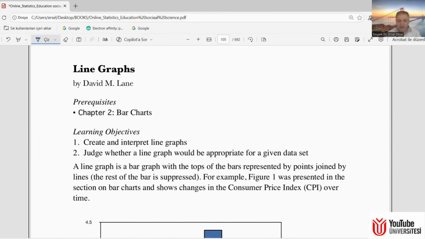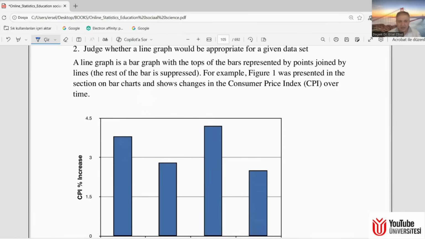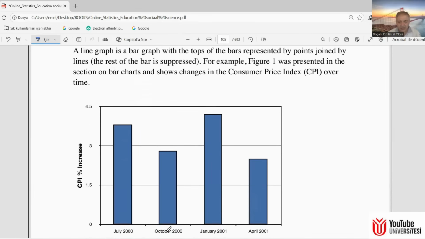So we can look at the line graphs. Okay. You see those are the years, right? Actually, July 2000, October 2000, January 2001, and then April 2001. Actually, these line graphs are best for time series.